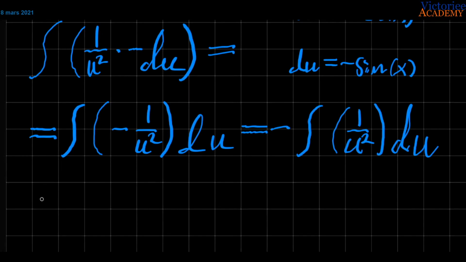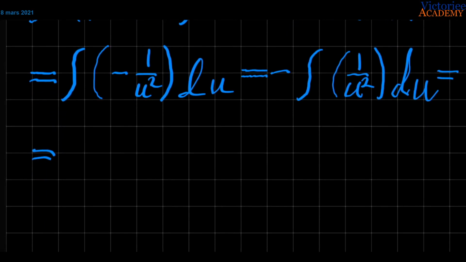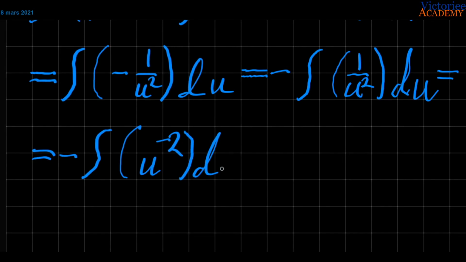To make this even easier to continue with, we can do one further simplification and just write this as u to the power of minus 2. That's the same thing as the step before.